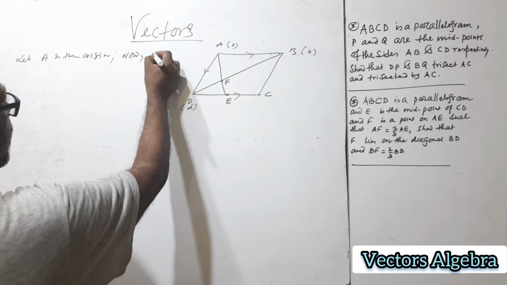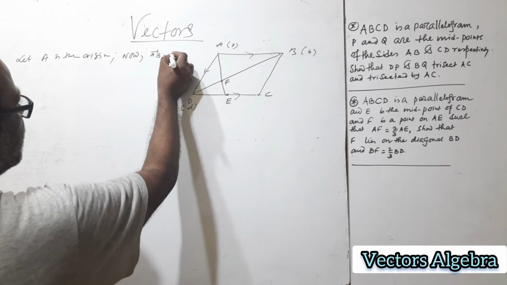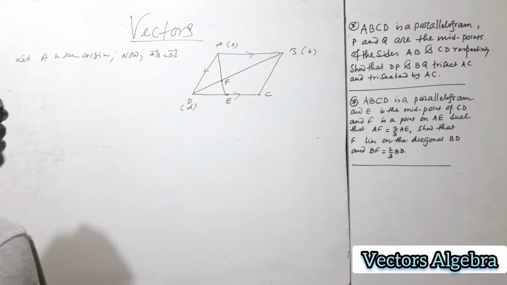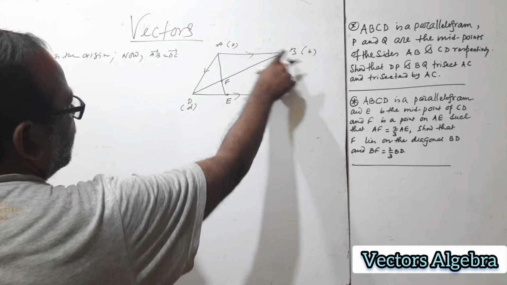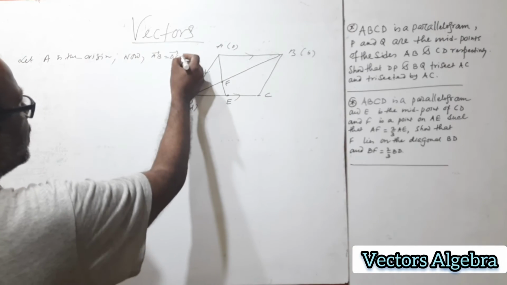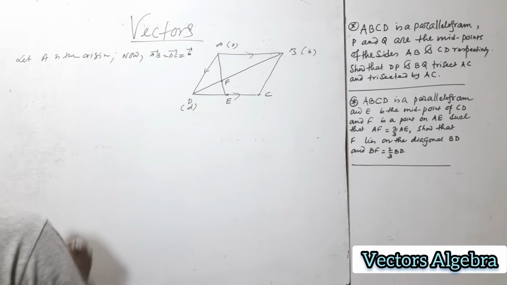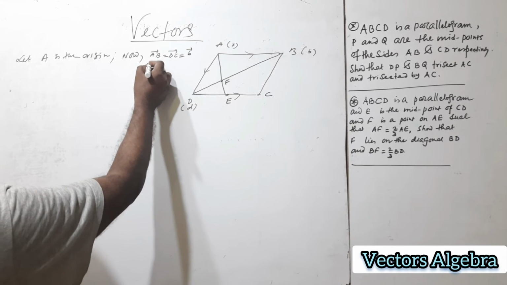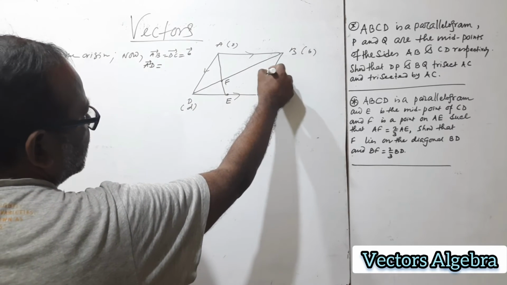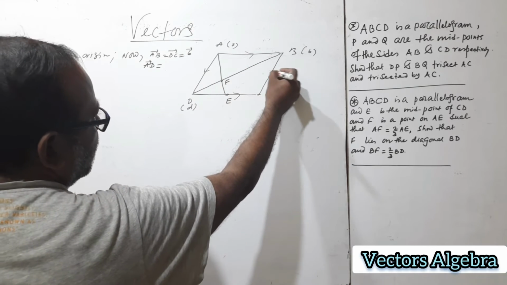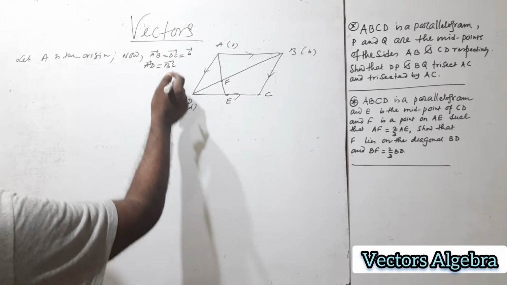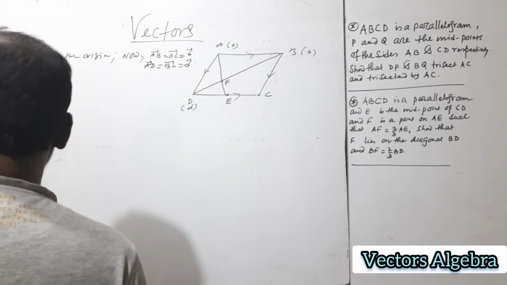So AB is equal to DC. This is a parallelogram, so it has the same sense and same direction, so it can be written as the equal vector. As the position vector of B here is b, that is the vector AB, same as DC. And the position vector of D is here AD, and this is also same sense, so this is BC. So the vector here is d.